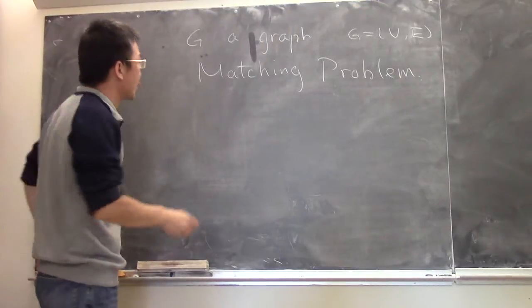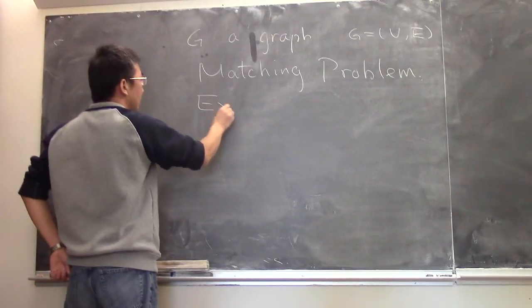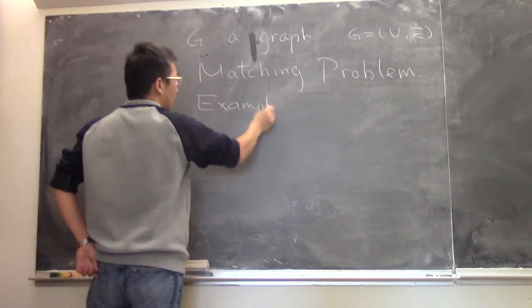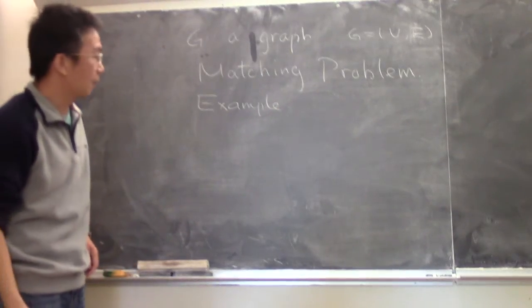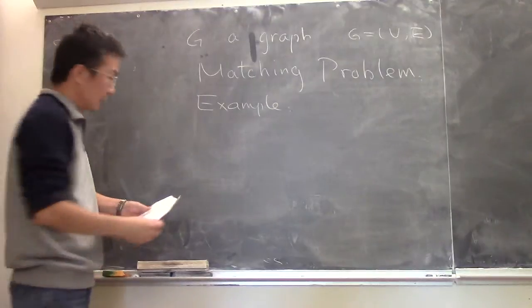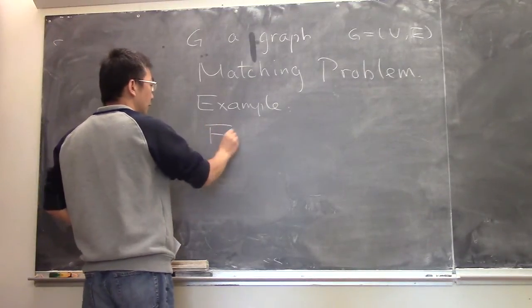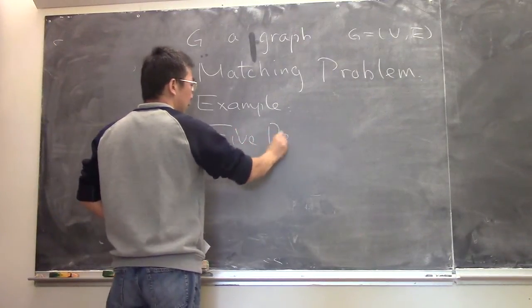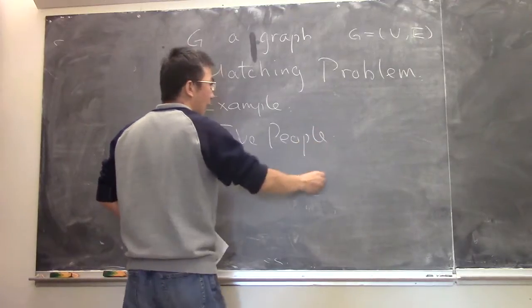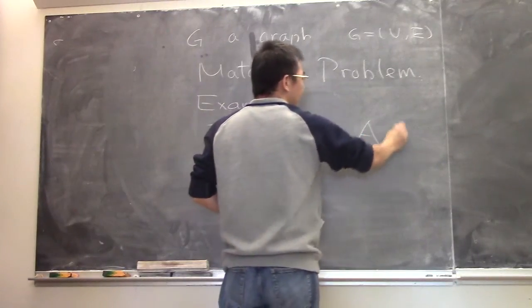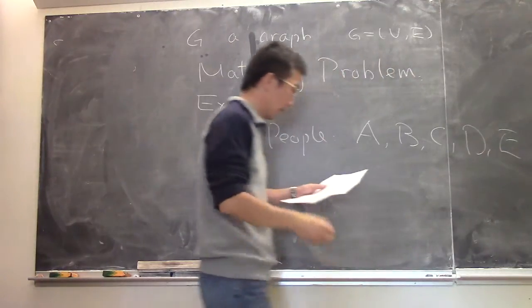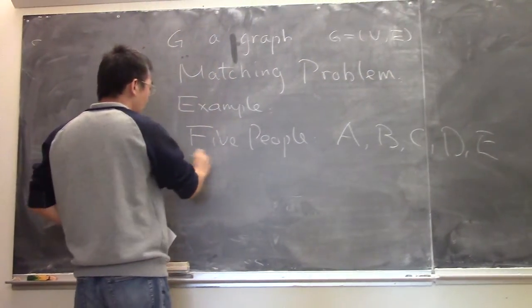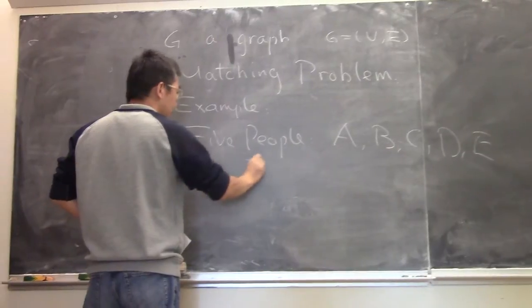So let me give you an example. Start with an example, right? Suppose I have a few people. Say I have 5 people. They are A, B, C, D, E. And suppose I have 5 jobs.